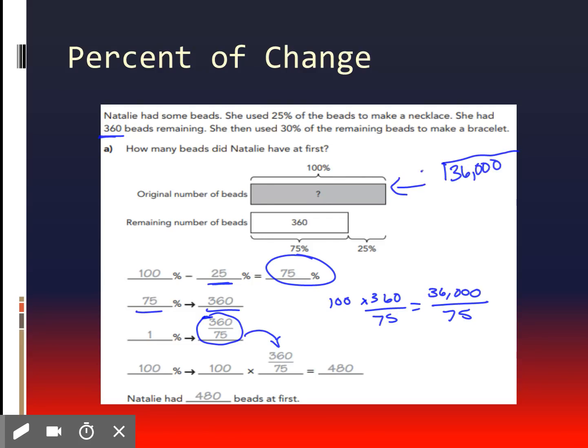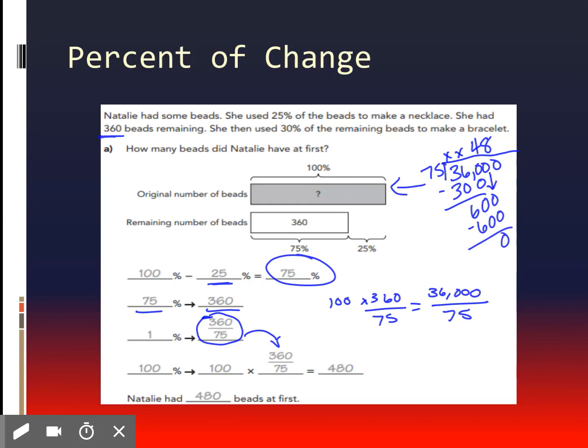36,000 over 75. 75 won't go into 3. It won't go into 36. But it will go into 360 4 times. 4 times 75 is 300. I subtract, I get 60. Bring down the 0. 75 goes into 600 8 times exactly.